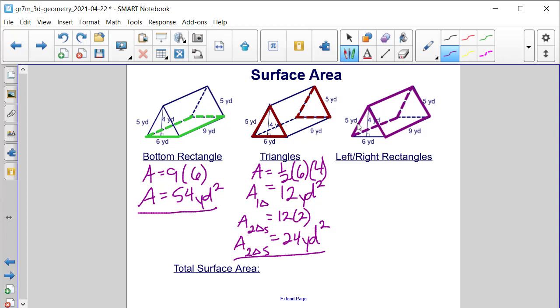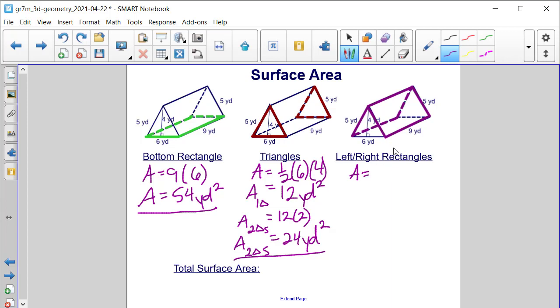And now we have the left and right rectangles, because notice that the triangular bases of this triangular prism are isosceles triangles. So these 2 rectangles going on the left and the right are equivalent.